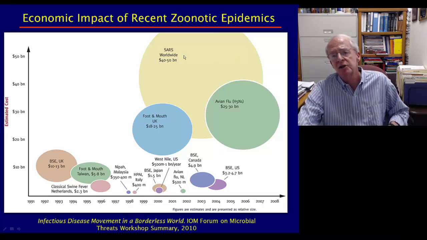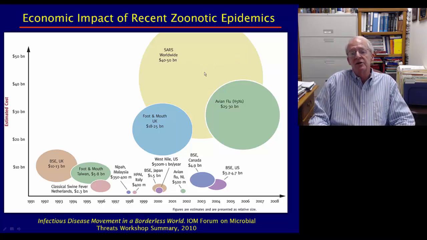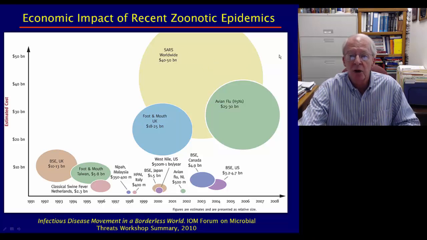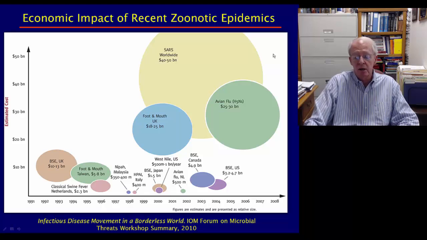Not shown on this slide is the 2009 H1N1 pandemic, which, if it were shown, would be a circle at least as large as SARS and probably somewhat larger, in the $60 to $70 billion range.